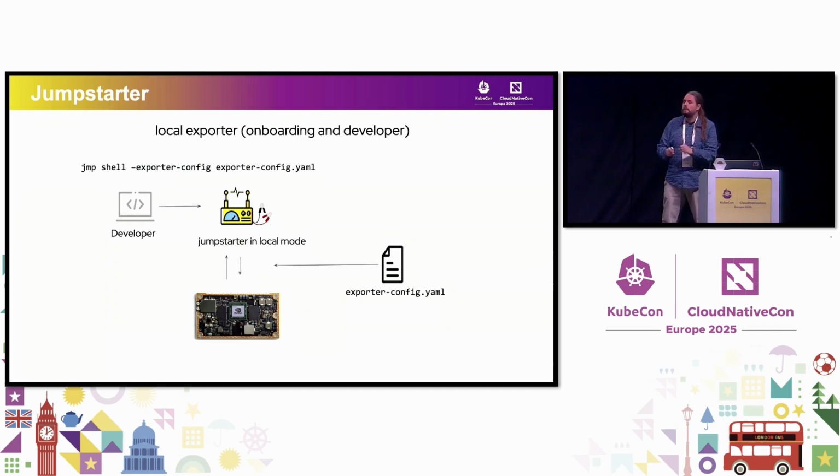Well, this part is written in Python, but the server-side part is written in Go because it works much better with the Kubernetes ecosystem. So if you're a developer, you can write your configuration to define the interfaces to your device and then use it locally the same way that you would use it in a remote lab.